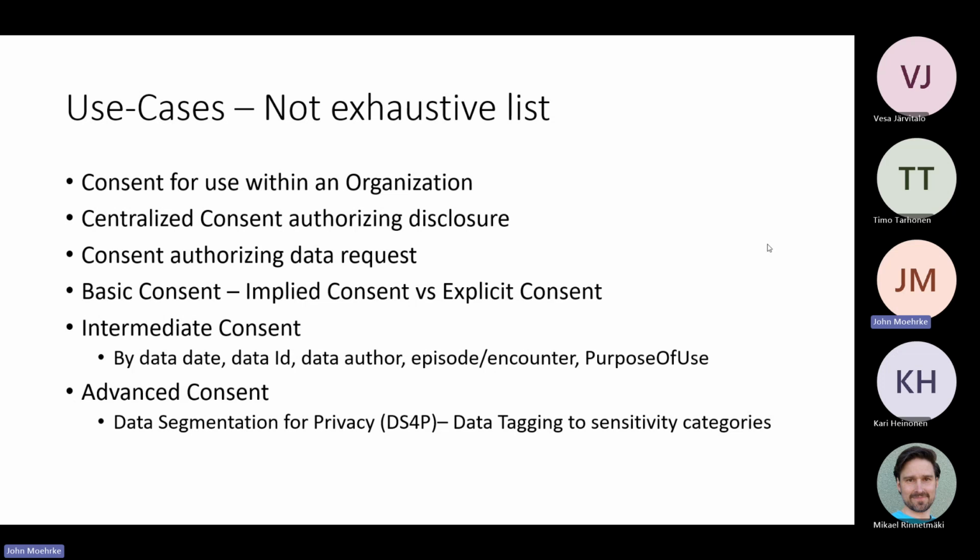And again, I'm speaking to restriction. All of these can be inverted. They can be the reasons why you are authorizing the data. So, for example, I'm seeing a specialist, and that specialist really only needs to see the information related to encounter 1, 2, 3, 4. So I'm authorizing the specialist to have access to any data related to encounter 1, 2, 3, 4. So all of these can be inverted as well.